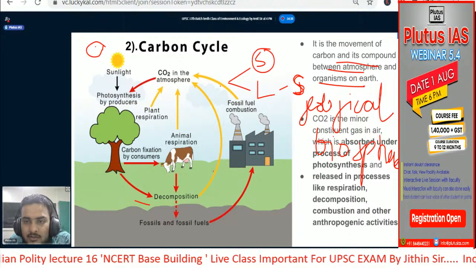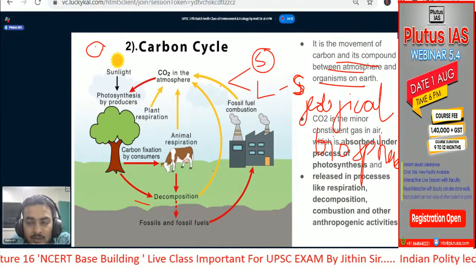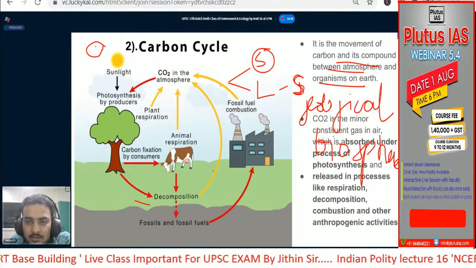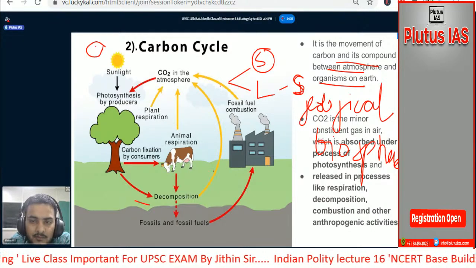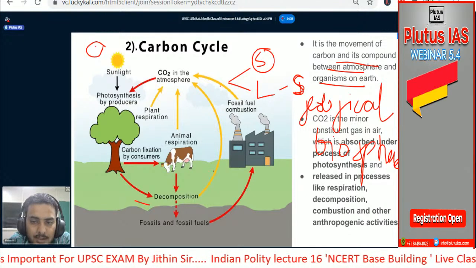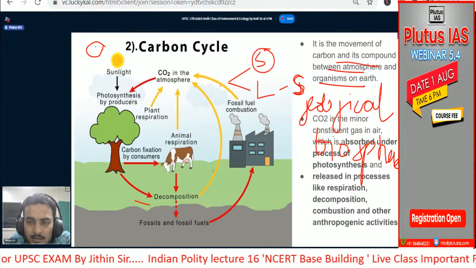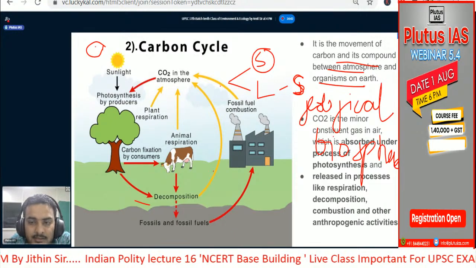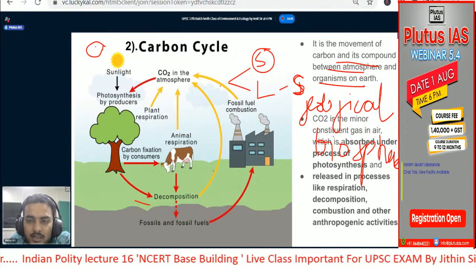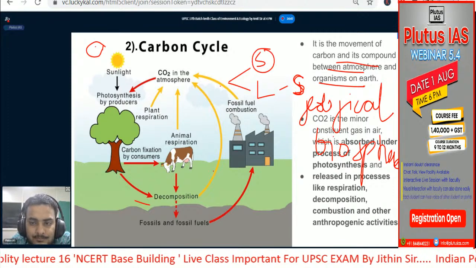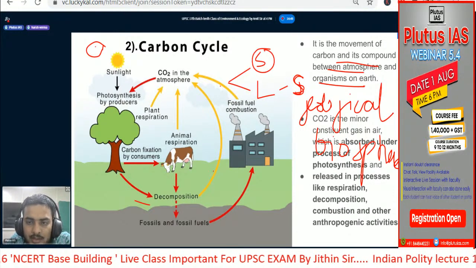Like between the atmosphere and organisms on Earth. You can write it in another sentence, like between the atmosphere and biosphere.